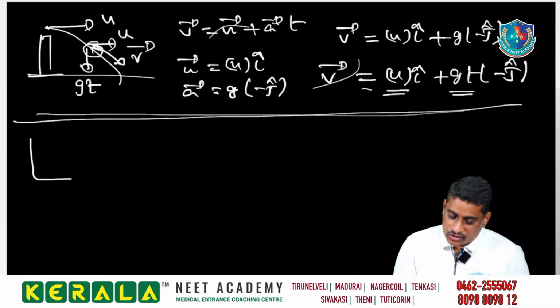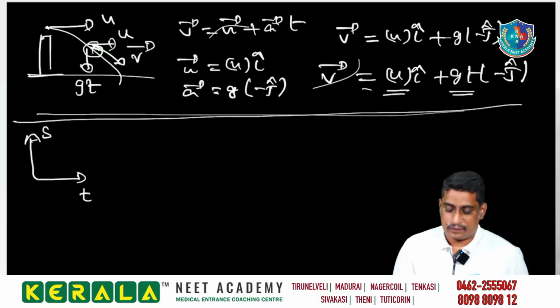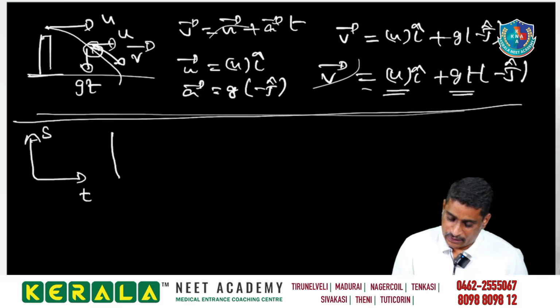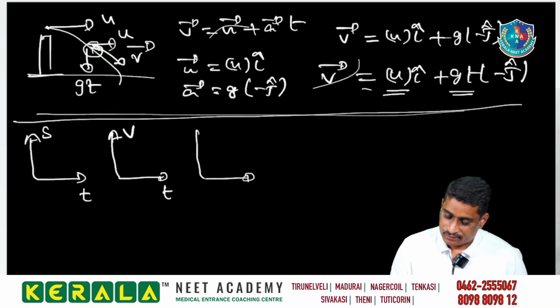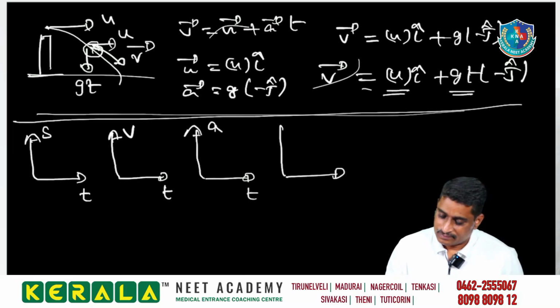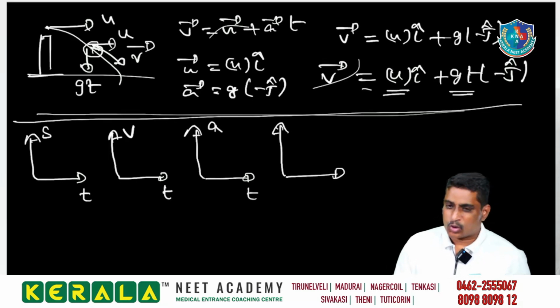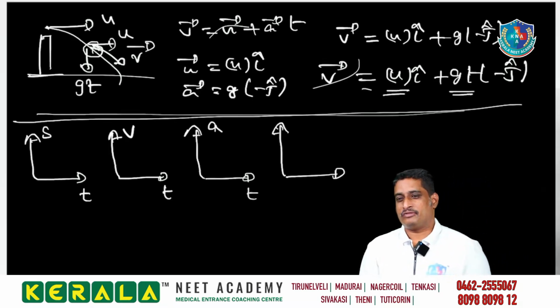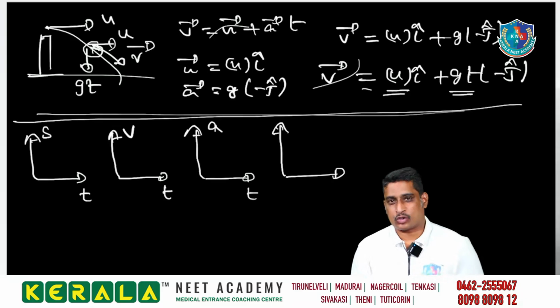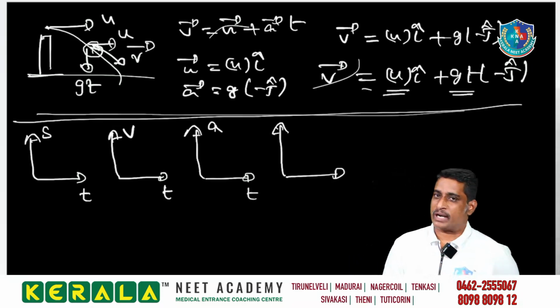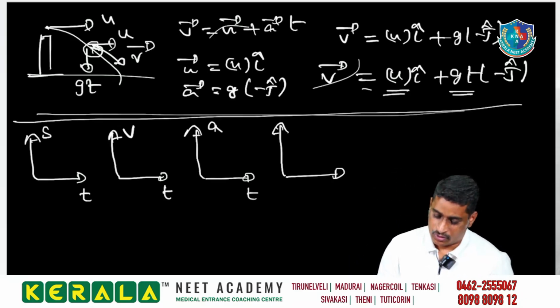Various graphs you have already studied: first, displacement time graph, second, velocity time graph, and third, acceleration time graph. Sometimes questions may also be given from other graphs. To be on the safe side, if you are interested, you can practice these graphical representations also.